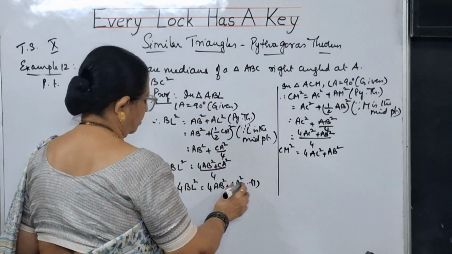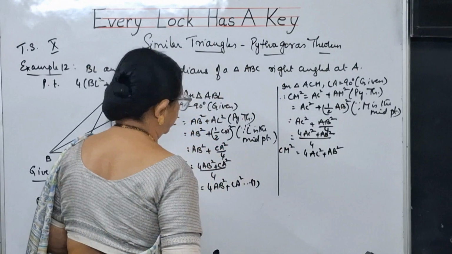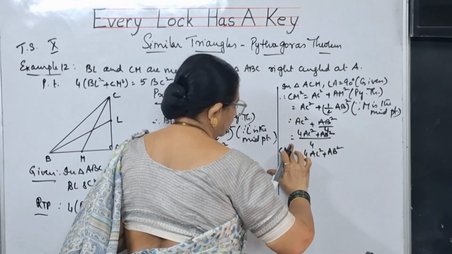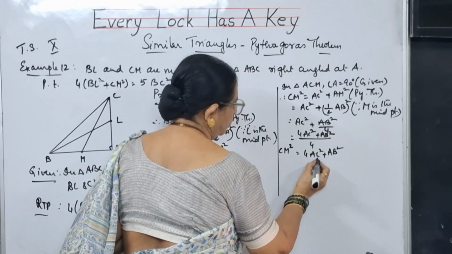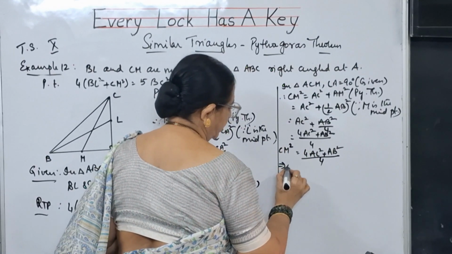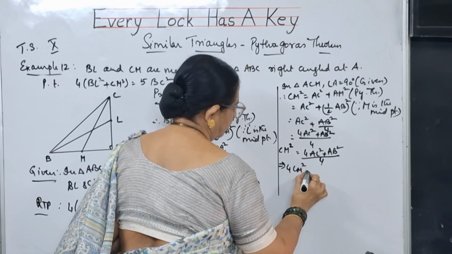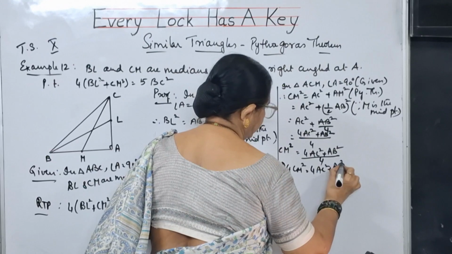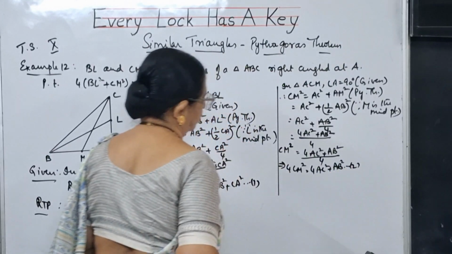What does this imply? 4 CM square is equal to 4 AC square plus AB square. This is the second equation.